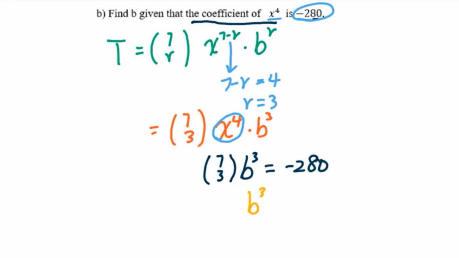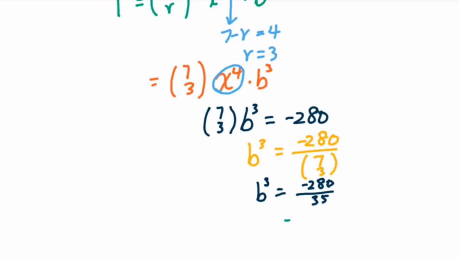Therefore, b to the 3rd power equals negative 280 over 7 choose 3, which equals negative 280 over 35. That equals negative 8. b to the 3rd power equals negative 8, so b equals negative 2.